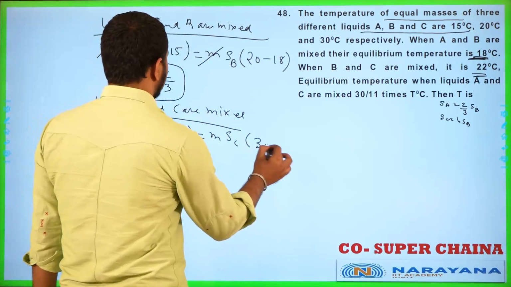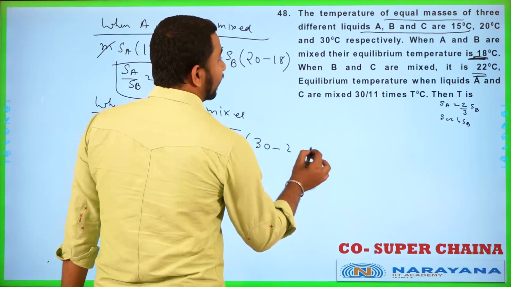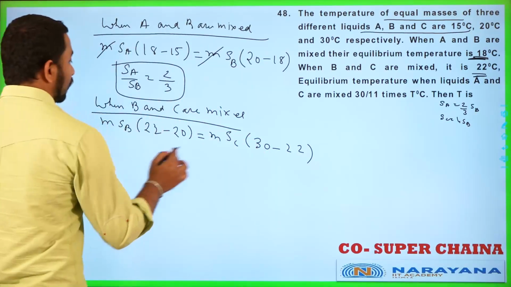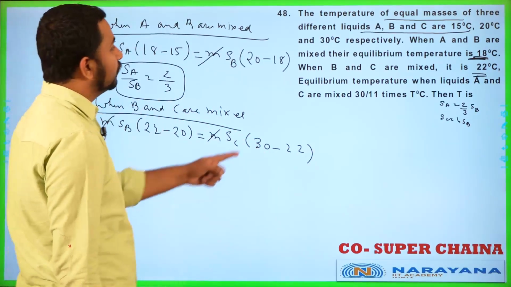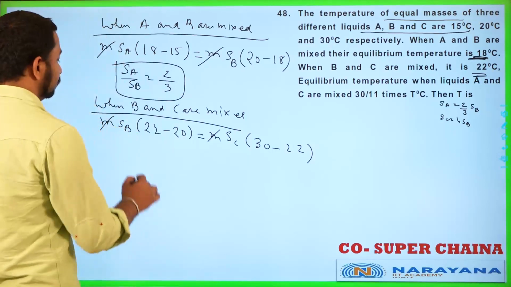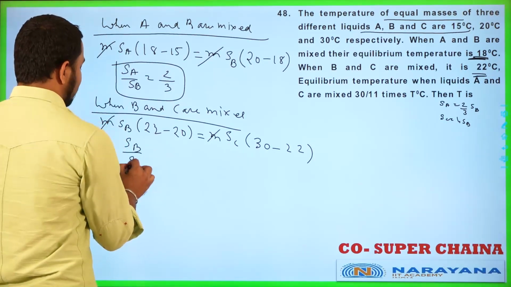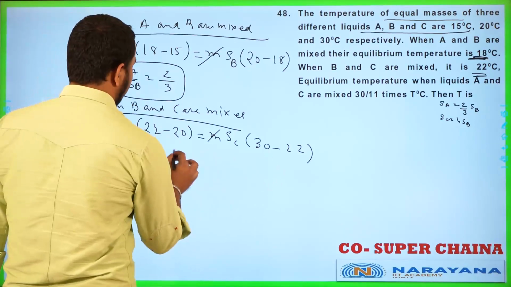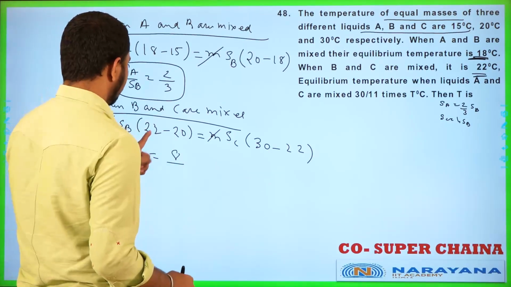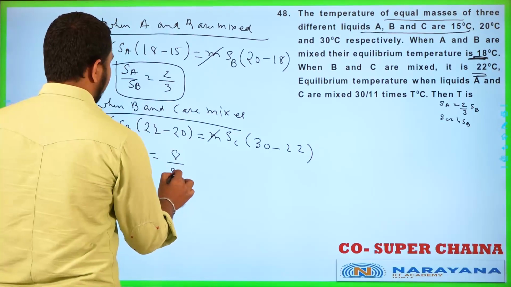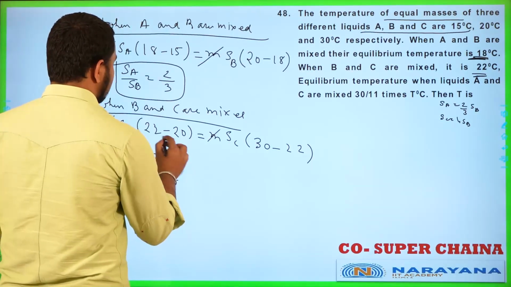So 30 minus 22, because the equilibrium temperature is this one. So M can be cancelled out. Be careful in the calculation part here. We will get SB by SC as 8 by 2, so this will come as 4.